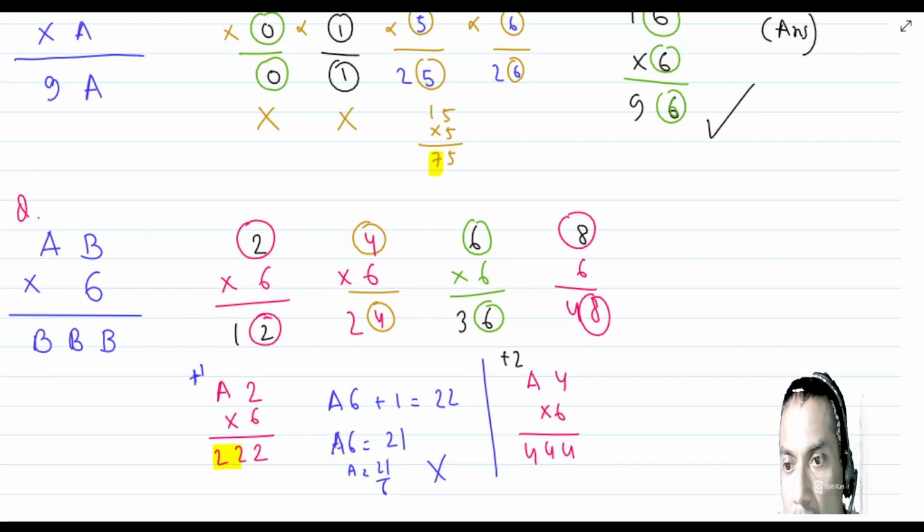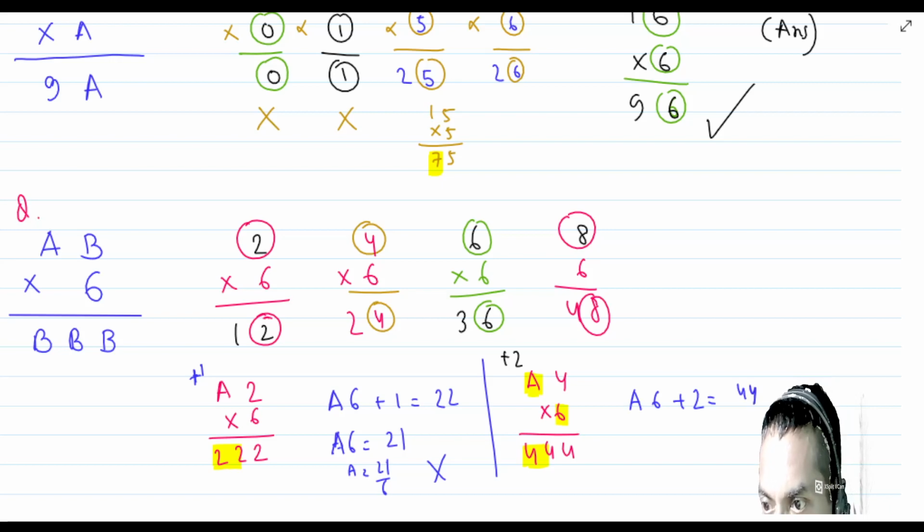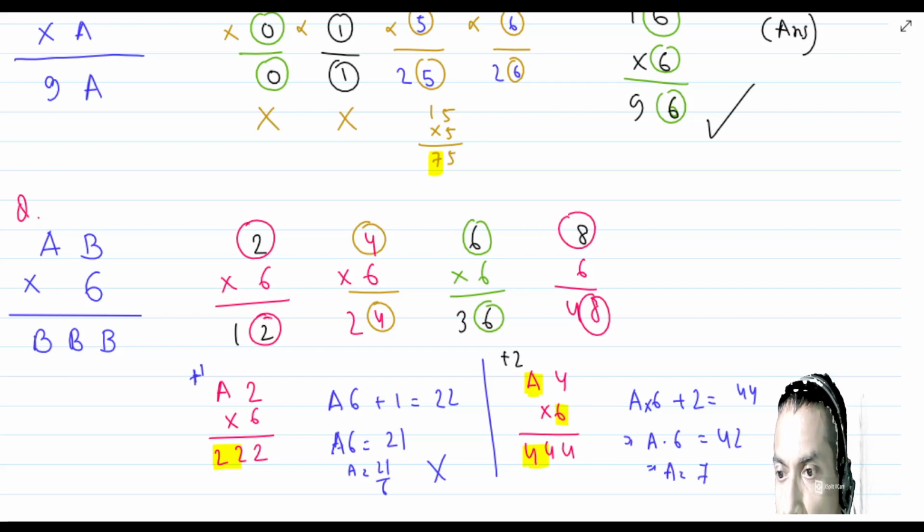So now if I multiply A into 6, and carry forward 2 we add, we get the 44. What that mean? If we consider A into 6 plus 2, we get the value 44. Now check it. A into 6 is equal to 42. So A is equal to 7. So we get the whole number. So it is possible, because all numbers of A, B are in between 0 to 9.